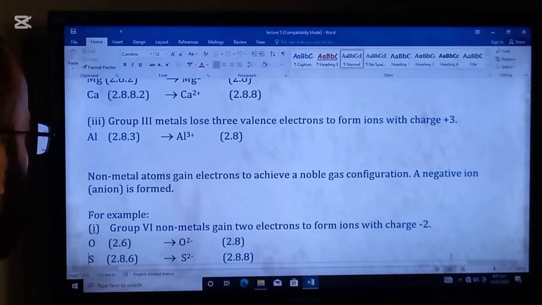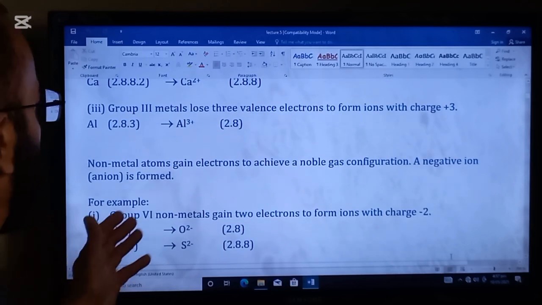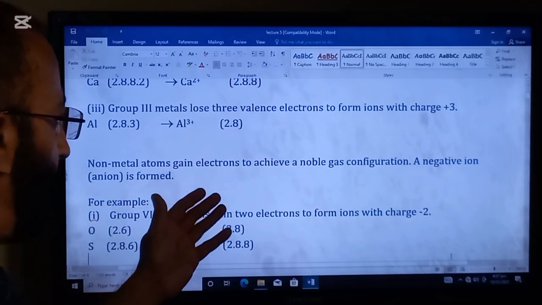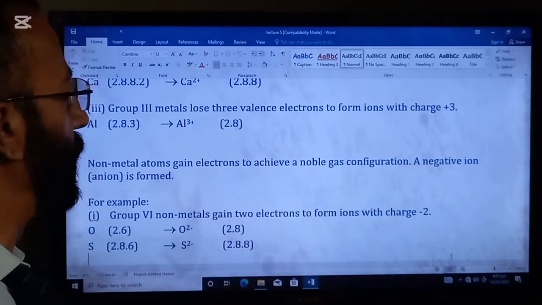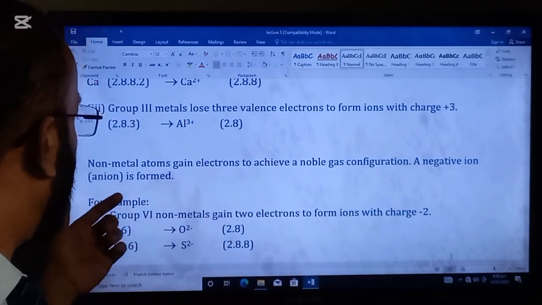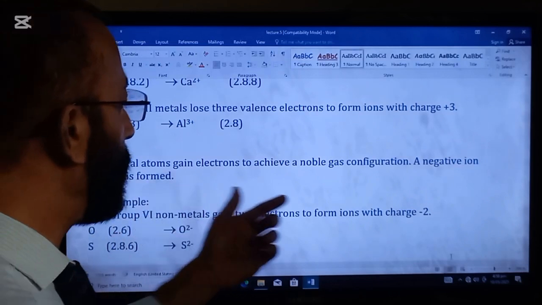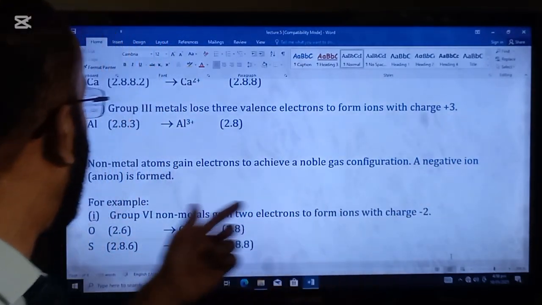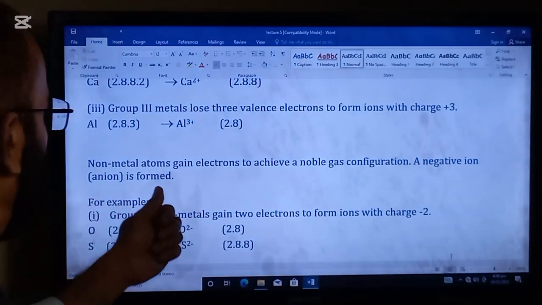In this same way, non-metal atoms gain electrons to achieve a noble gas configuration. And when non-metal atoms gain electrons, a negative ion, that is an anion, is formed.